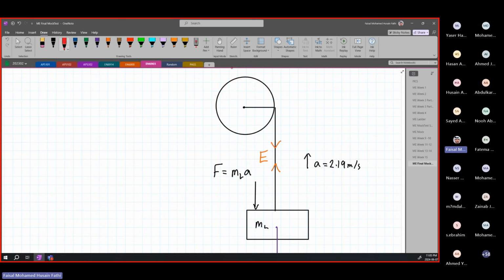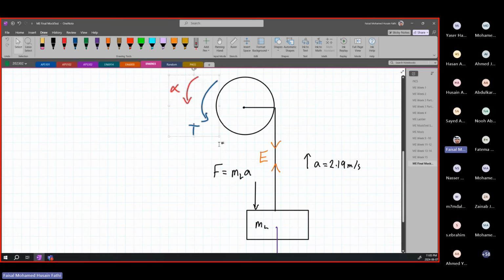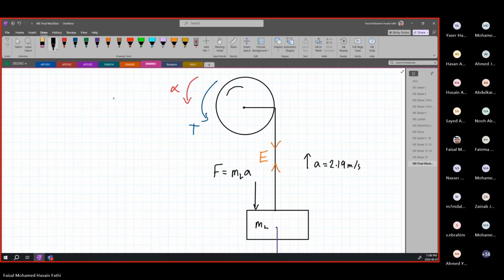Therefore, we can say our angular acceleration alpha is in this direction, meaning our torque T as well is going to be in this direction. This is always the case where your acceleration is in the same direction as your torque. And because our torque is going in this direction, we're going to have the resistive force in this way. Let me actually use a color for this as well.